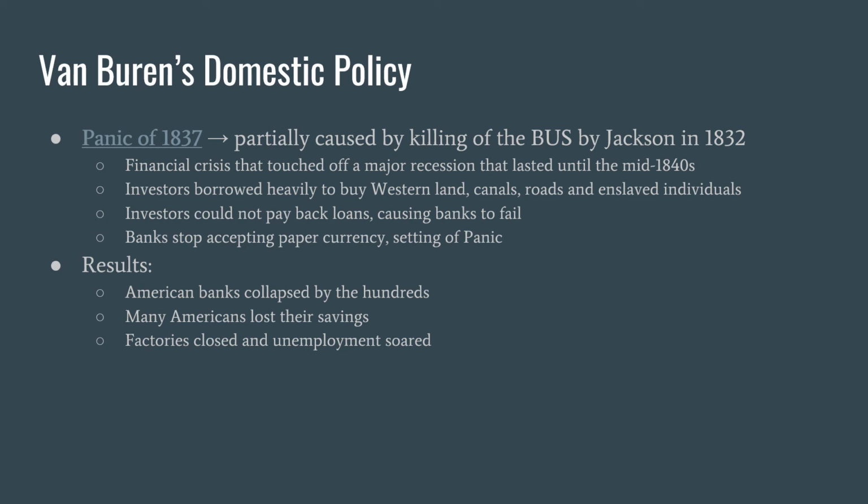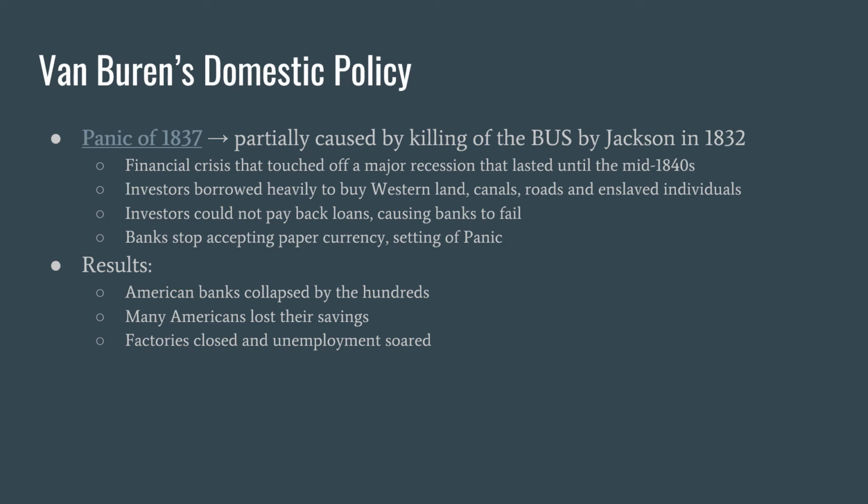And we start to see the banks that are still around are worried about the paper money that is being printed. And we see that in 1837, some banks stop accepting paper currency and start to set off this panic and this recession. And so this recession lasts throughout Van Buren's presidency into the 1840s.